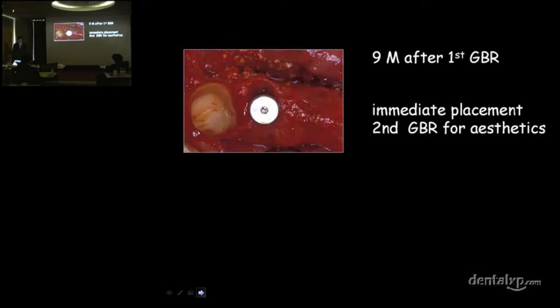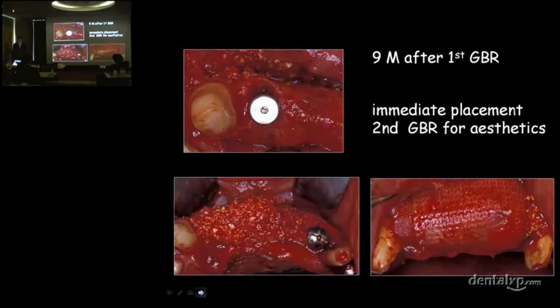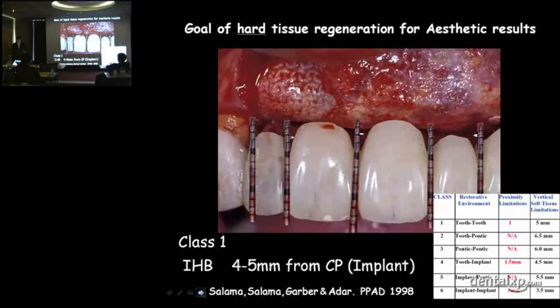Second GBR was performed with cross-linked collagen membrane. Now, we have enough bone height to support papillae at each interproximal area.